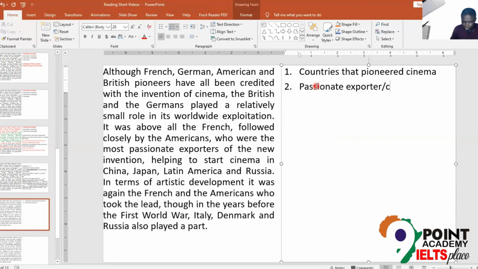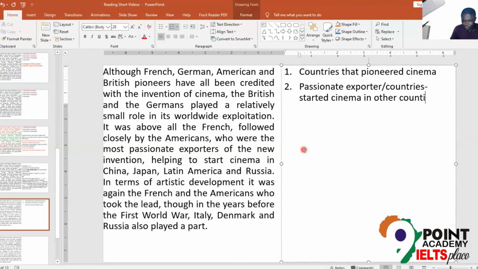You can write countries helping to start cinema, that started cinema in other countries. Can you see? That's what this sentence is all about.